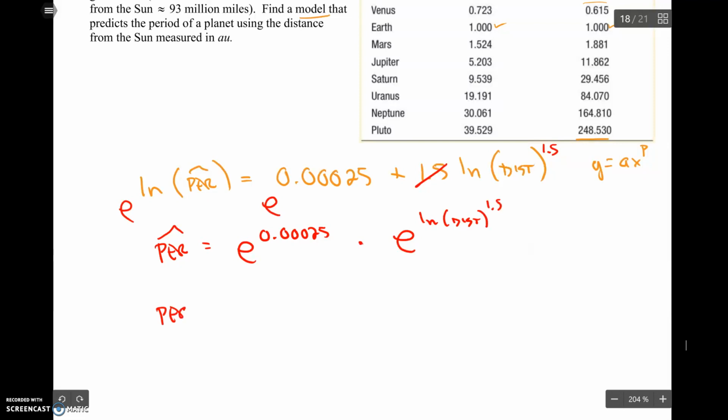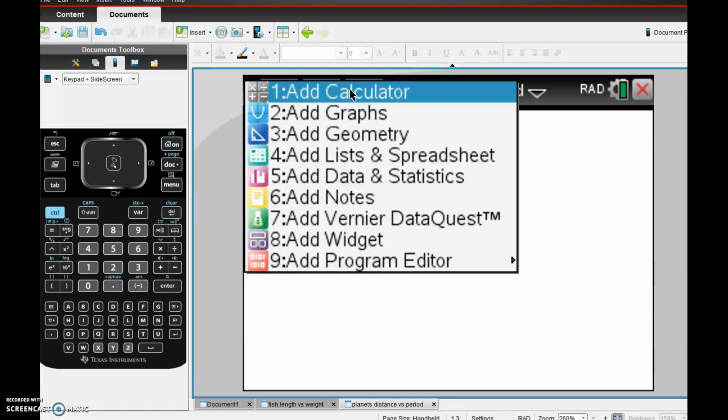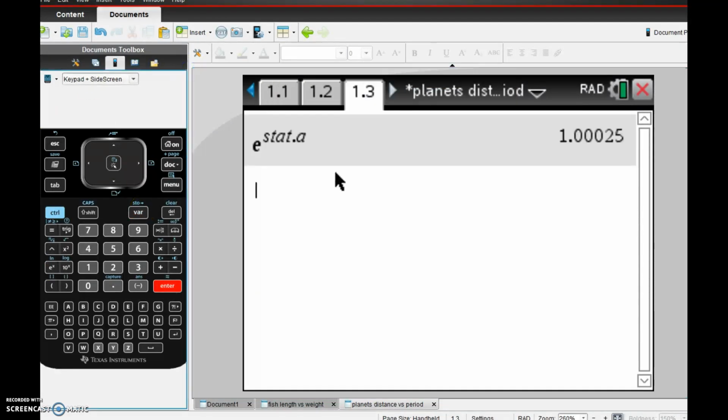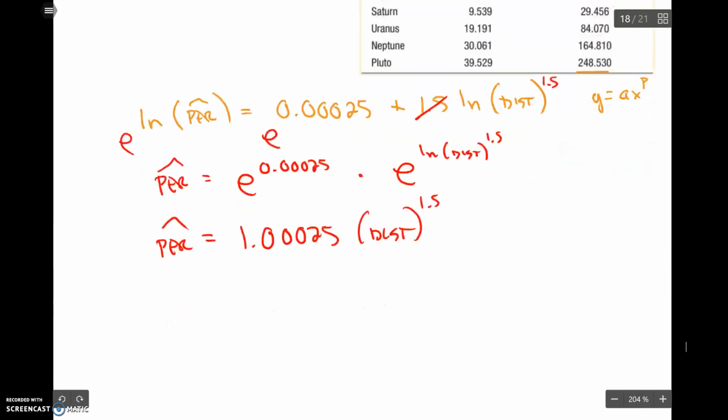So the period predicted is equal to e to the stat a, that was my y-intercept, 0.00025. Then this undoes that, so we have distance to the 1.5 power.